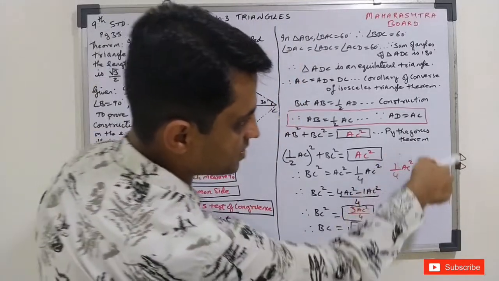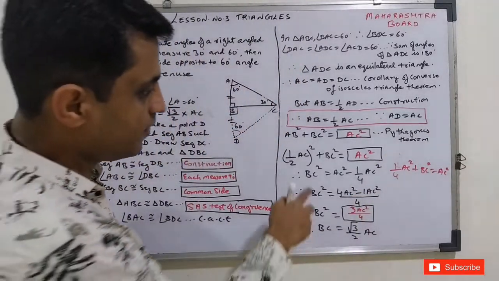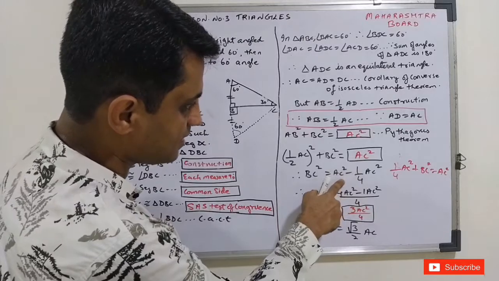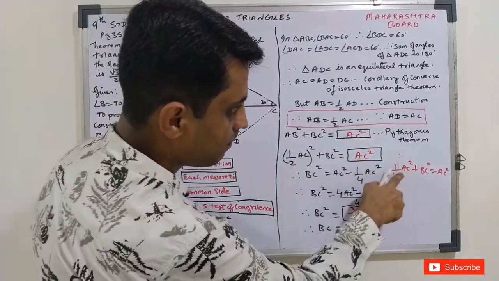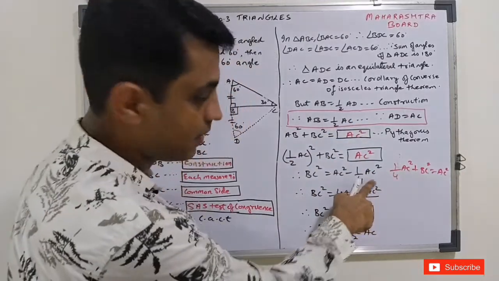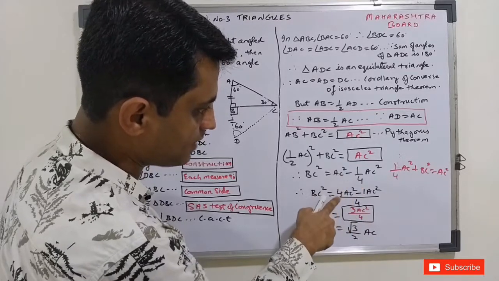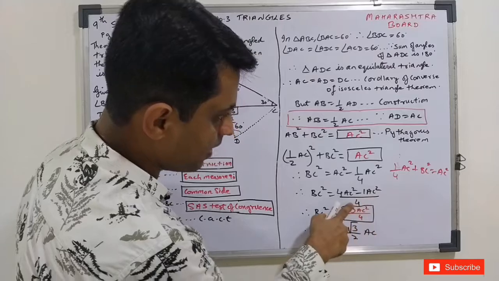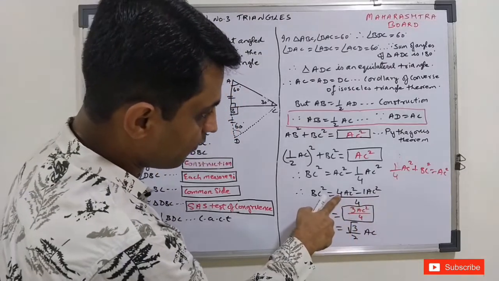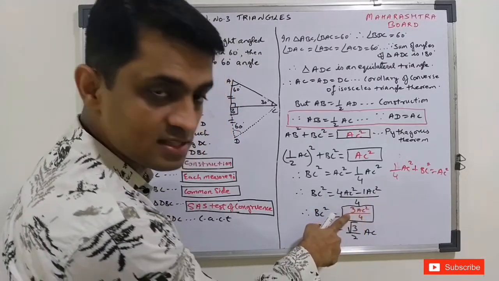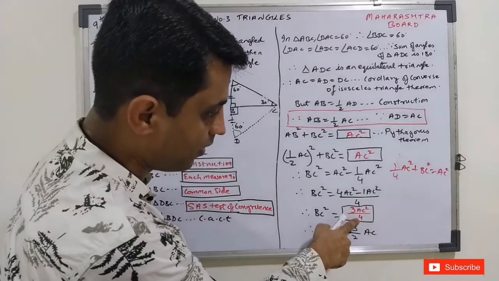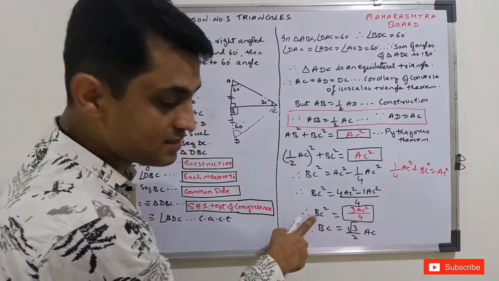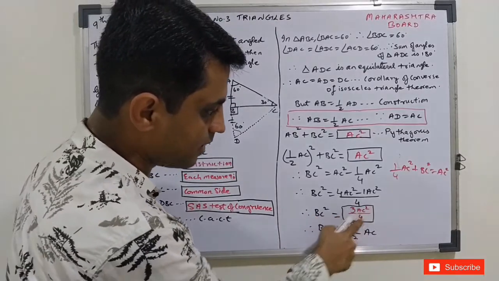Then we shift this part, transpose it, so BC square is equal to AC square minus 1 upon 4 AC square. Cross multiply: 4 AC square minus 1 AC square upon 4. Now 4 AC square minus 1 AC square is how much? 3 AC square upon 4. So we got BC square is equal to 3 AC square upon 4.